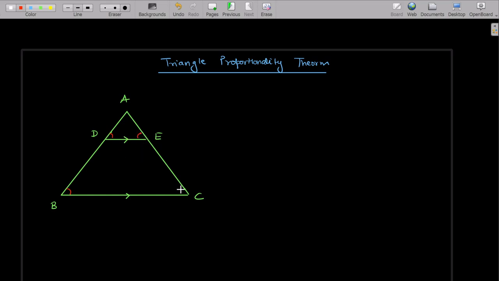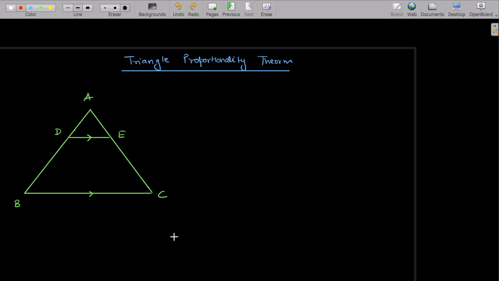This one and this one are also corresponding, and this is a common angle. So we get three angles which are the same. So the small triangle and the bigger triangle are similar. Now a lot of things happen in this case. First of all, if they are similar, I can say that the ratio of AB over AD will be equal to, can you tell me the other three ratios?